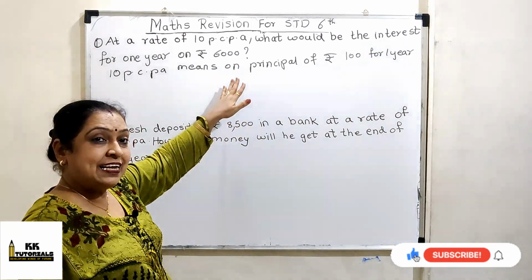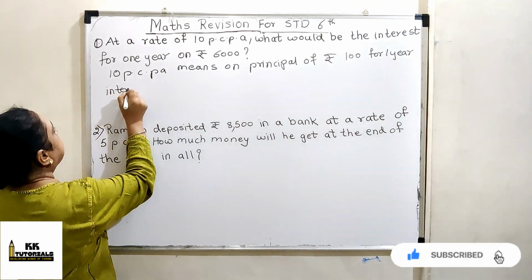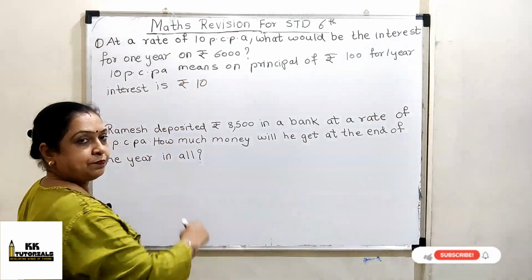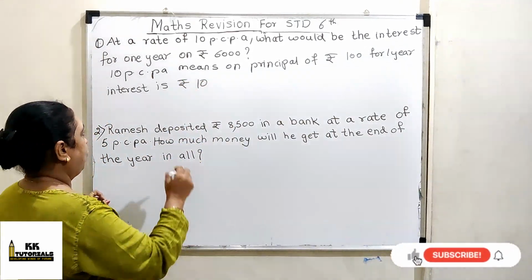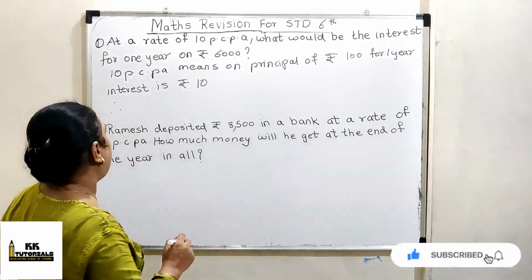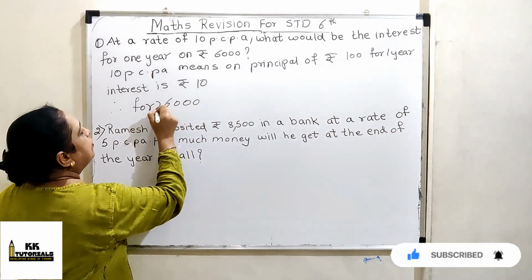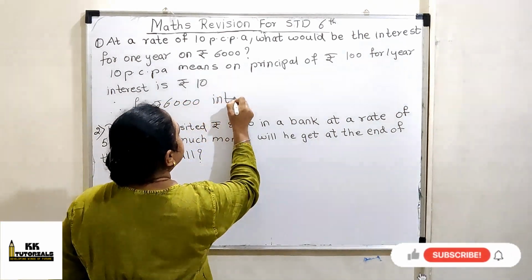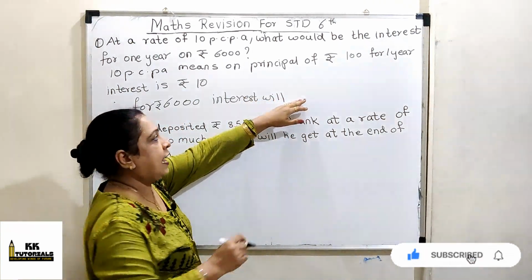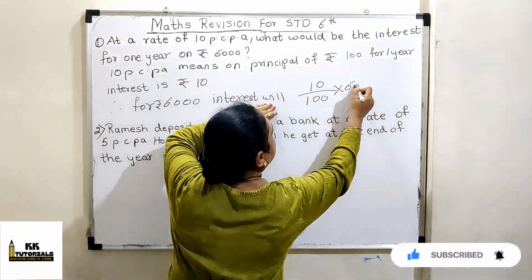Okay, 1 year interest is rupees 10. Understood? For 1 year interest is rupees 10. Then, therefore, for 6,000 rupees, interest will be how much? 10 upon 100 multiplied by 6,000.